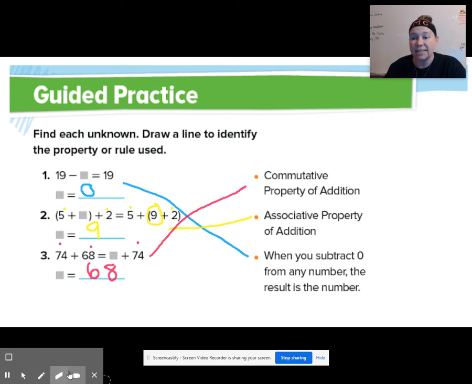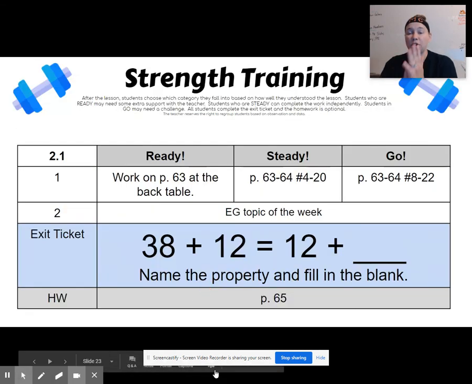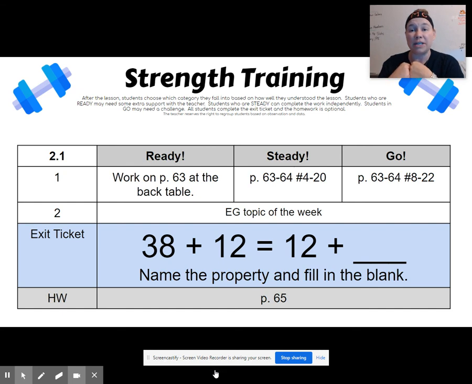So now that is the end of our group lesson. Remember that if you are in the Ready group, you're going to join the live learning with me and we'll work through your workbook pages together. If you feel like you got this, you're in the Steady group, you can do your workbook pages by yourself. Remember, this assignment is in Schoology, or see this posted.